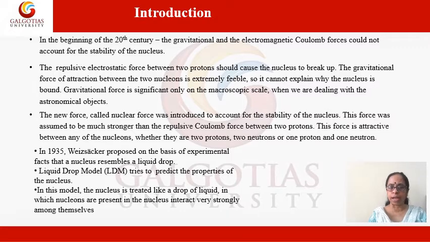In 1935, Weizsäcker proposed on the basis of experimental facts that a nucleus resembles a liquid drop. Liquid drop model tries to predict the properties of the nucleus. In this model, the nucleus is treated like a drop of liquid in which nucleons present in the nucleus interact very strongly among themselves.